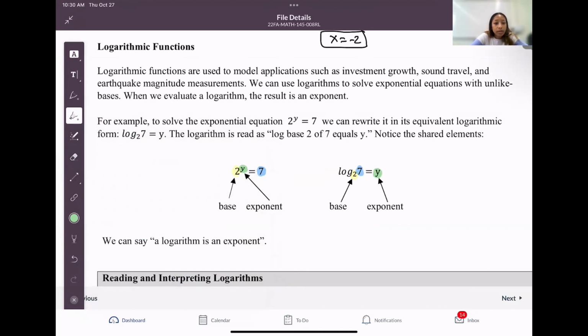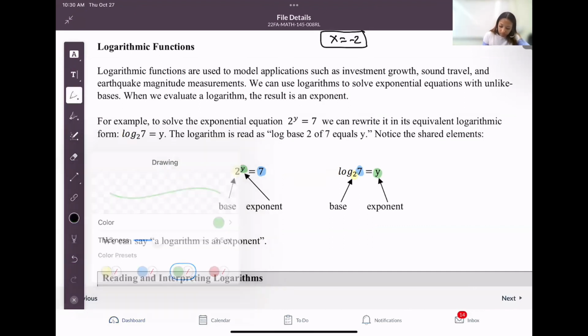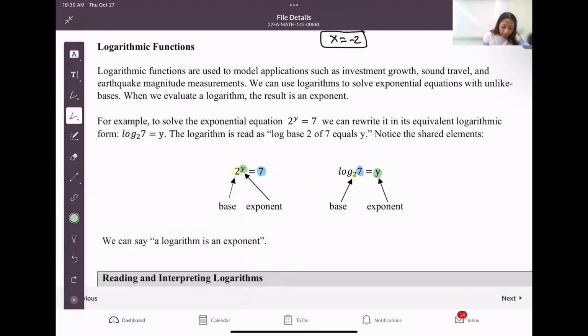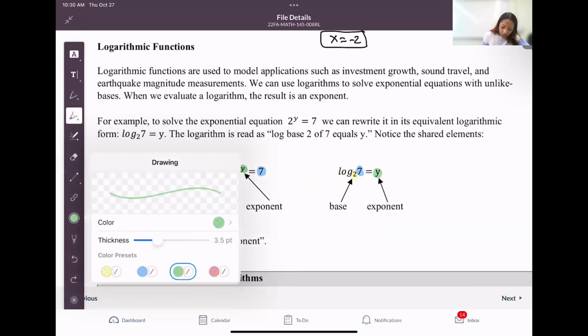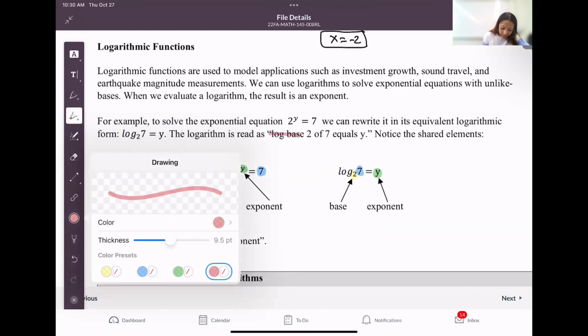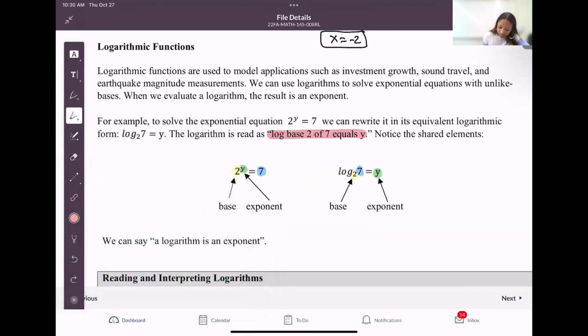Okay. So when we read this expression, oh, it's written up here. This is read log base 2 of x equals y. Sorry, I forgot that very important part.